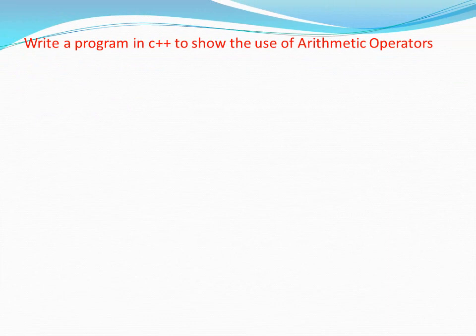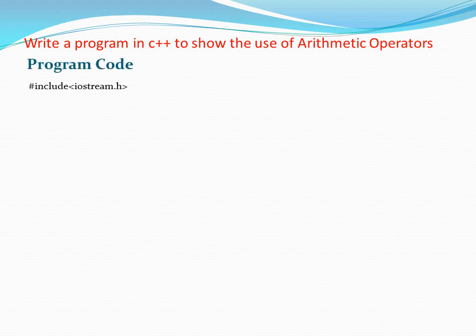Now let's write a program in C++ to show the use of arithmetic operators. Now write the program code as #include <iostream.h>, which is the header file, then main is the function, then the starting curly brace, int a, b. a and b are the variables, and the variables are of integer type. Then cout is a function, and you have to write enter first number, then take the value from the keyboard, that is in a, means the value that you enter from the keyboard will be stored in variable a.